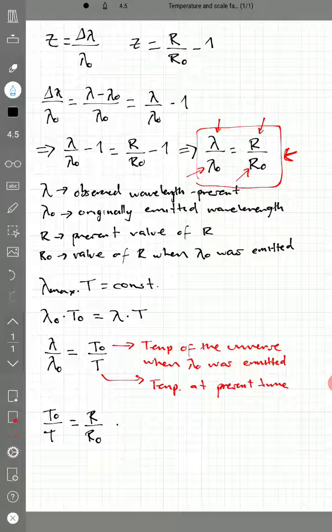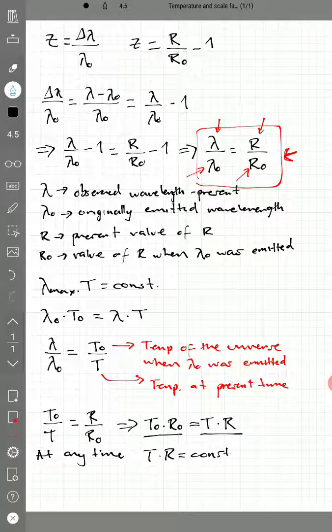Now, the implication of this is simple, and it's the fact that T0 times R0 is equal to T times R. Now, if that's the case, then that means that the product of the temperature of the universe times the scale factor back then is equal to the temperature at present days times the scale factor at present days, which is a very important thing because that is telling you that at any time in the history of the universe, T times R has remained constant, right?